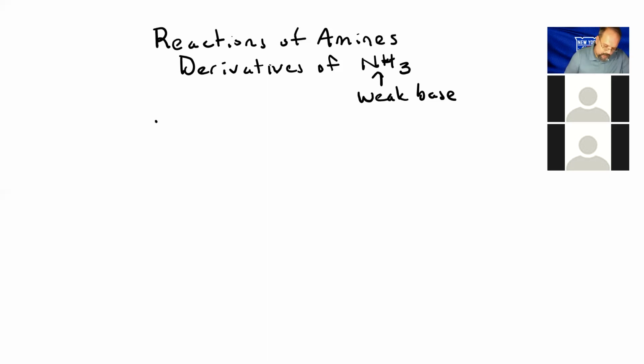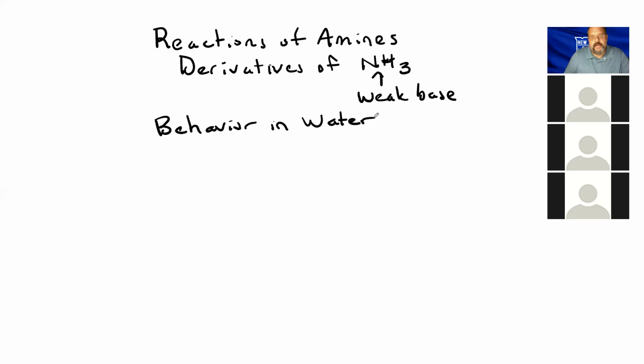And we'll start by looking at their first reaction, which is their behavior in water. So essentially, when you take an amine and you place it in water, it's going to behave as a weak base. We can look at this first with a general equation for this process.